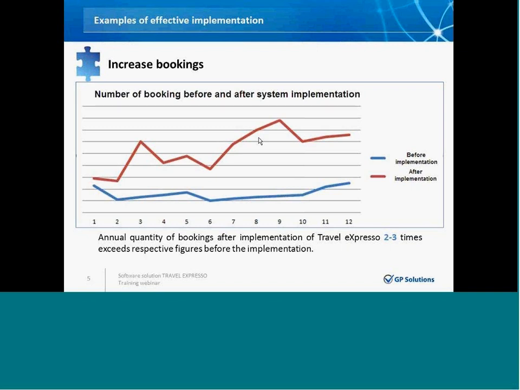This is because you offer online sales capabilities, and thus your clients, both tourists or agencies, are more happy about your service. They can get immediate confirmations. They can check prices and select products immediately, and this really increases your number of bookings.